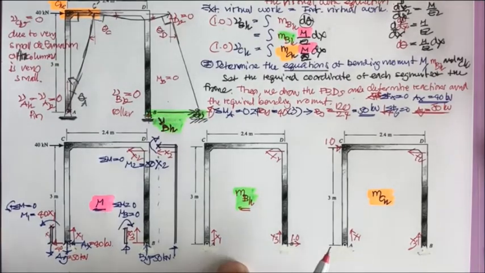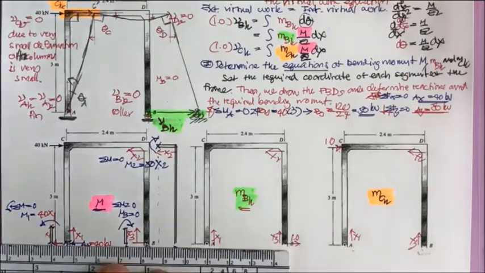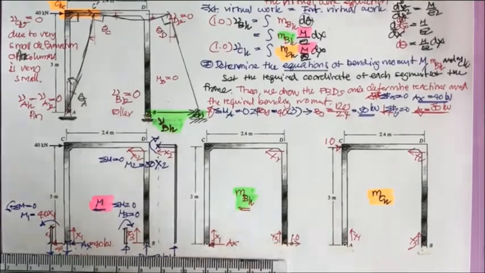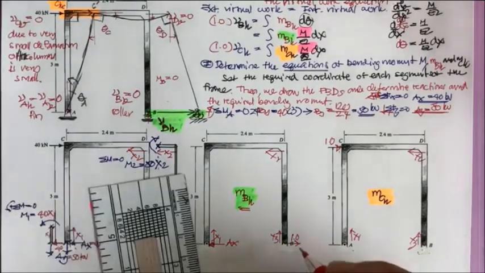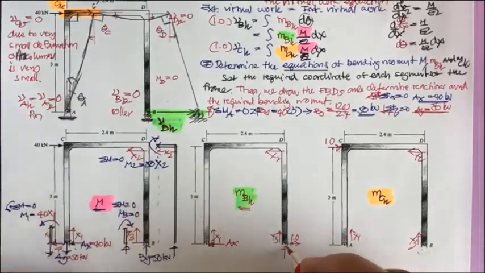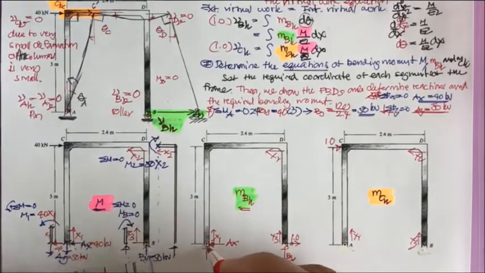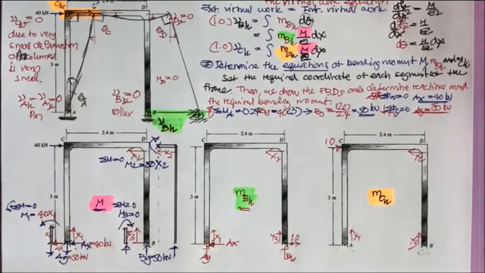And then we come to this. For this one, we have 1 kilonewton here. So by this one, we may have this one as the A sub x, this one as the B sub y, and also this one as the A sub y.